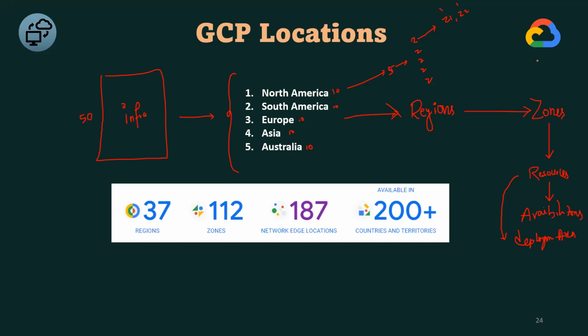Anyone have any questions? Yeah, I do have a question. Yes, Kishore. So we are saying there are 5 locations, right? Meaning 5 data centers? No, no, it's not. It's plenty of data centers. You can think of one zone as equal to one data center.